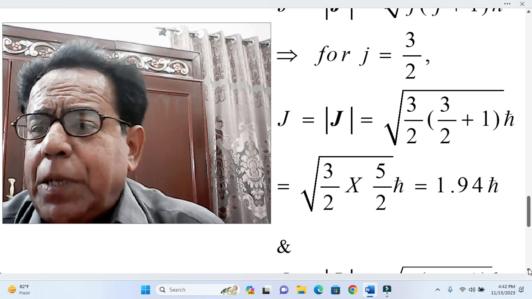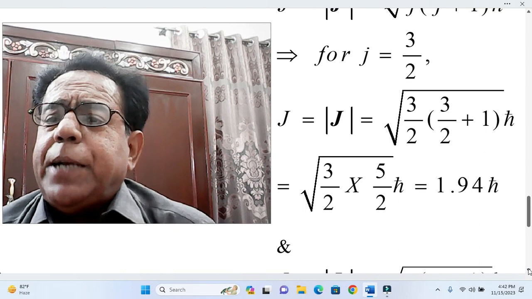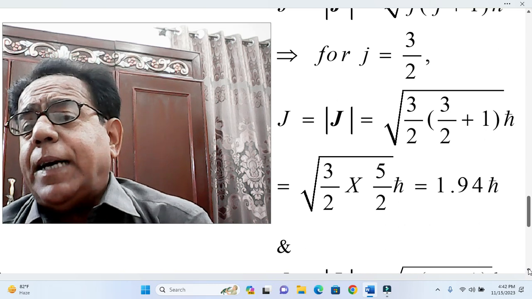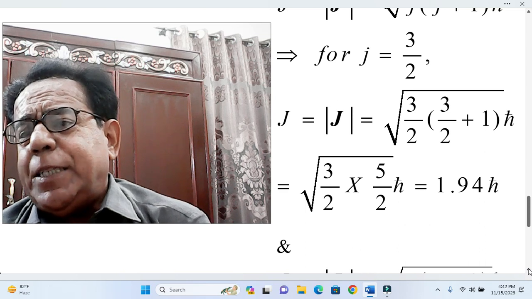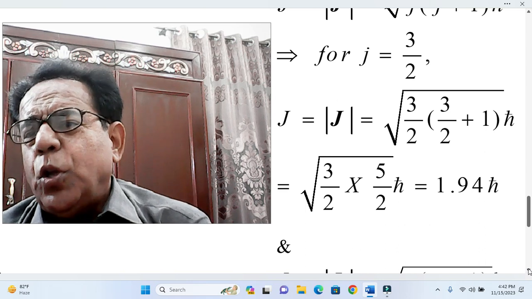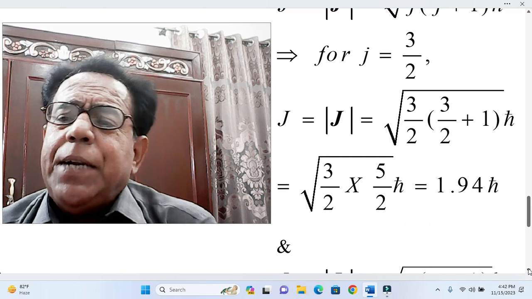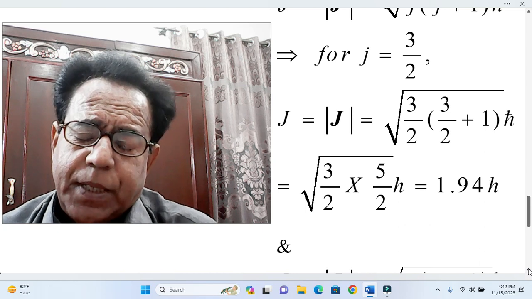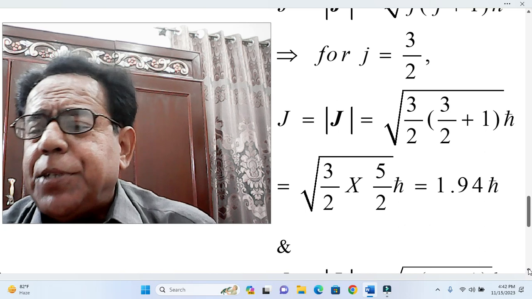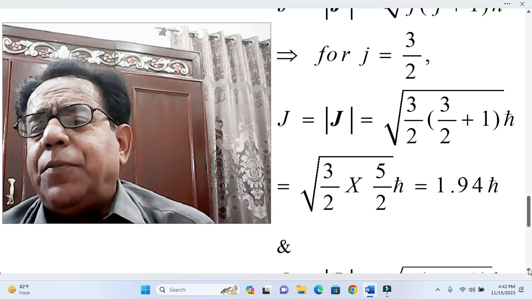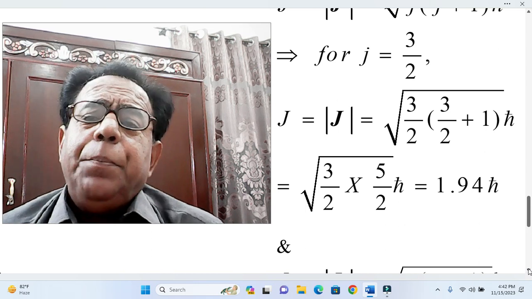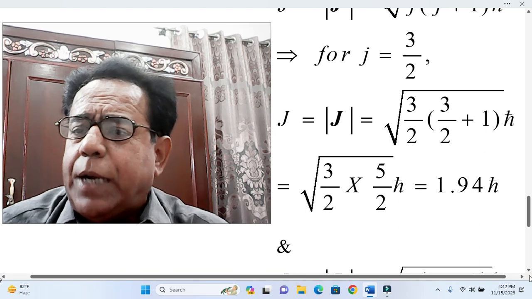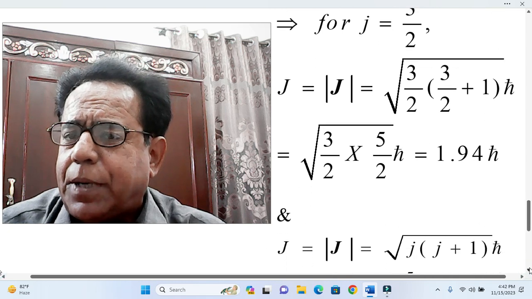This alternatively becomes root of 3/2 into 5/2, times h cut, and this becomes equal to root of 15/4. When we divide 15 by 4 and then take its square root, it becomes equal to 1.94. Hence our capital J, the magnitude of the j vector, that is j bold, becomes equal to 1.94 h cut.